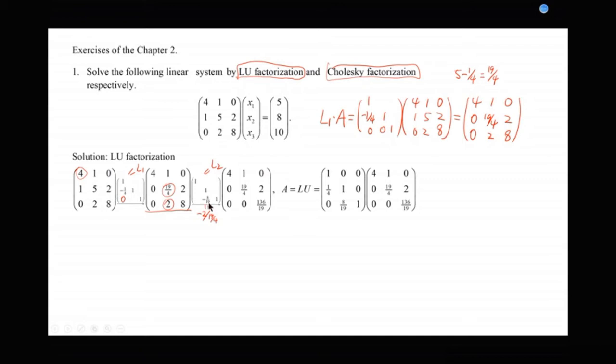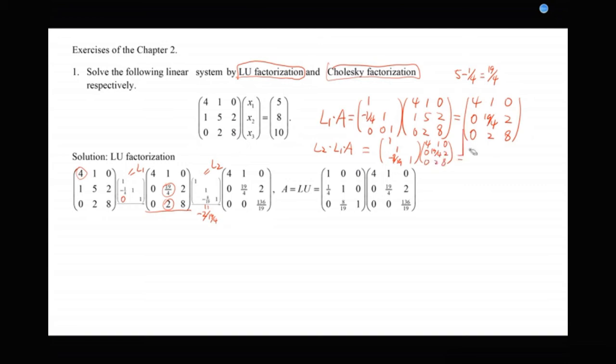So this is L2. And you use L2 multiply L1 multiply A, that means you use 1, 1, 1 and minus 8 over 19, multiply 4, 1, 0; 0, 19 over 4, 2; 0, 2, 8.